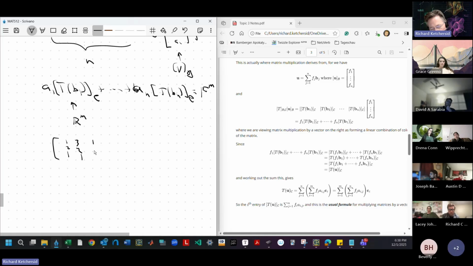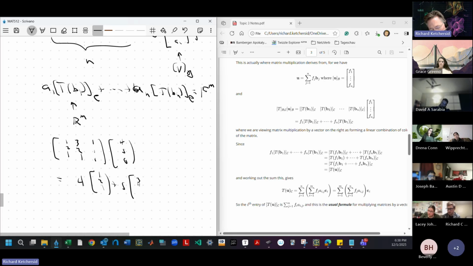Doesn't matter what I put here. 1, 1, 1. Right. And I multiply by 4, 5, 6. Right. So what I'm saying is one way of multiplying this is do 4 times 1, 2, 1 plus 5 times 3, 2, 1 plus 6 times 1, 1, 1, right? That's equivalent to what you usually see as the matrix multiplication. And that's what's being used here in a relevant way.